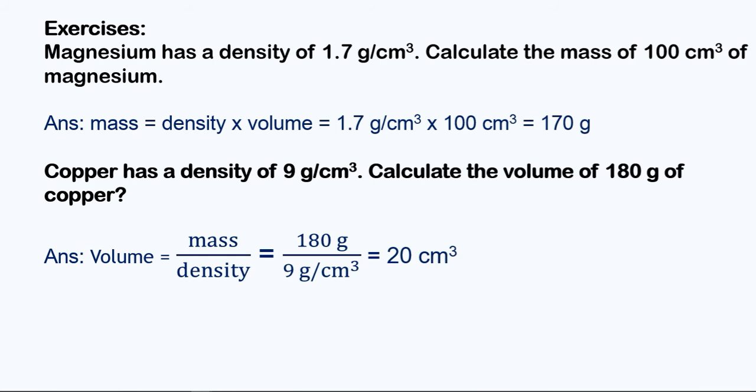So we use the formula mass is equal to density multiplied by volume. So mass is density times volume. The density is 1.7 grams per centimeter cube multiplied by 100 centimeter cube, which is the volume, and we obtain 170 grams. Note that the mass is not in kilograms but in grams because we have the density in grams per centimeter cube.